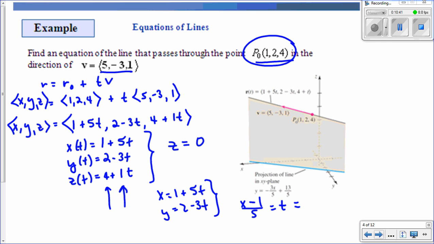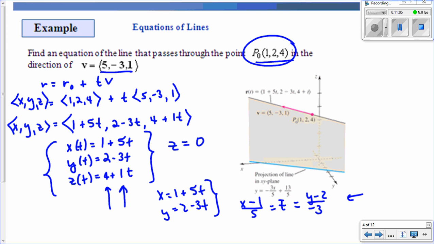But then in the second one, t is also y minus 2 over negative 3. Now this is actually called symmetric form for an equation of a line, where you just have the equation parts set equal and don't worry about the t value. But this is your parametric form, and that's the one that we'll use most often.